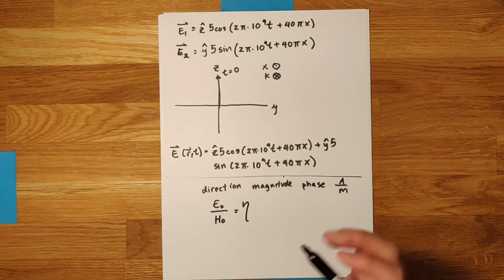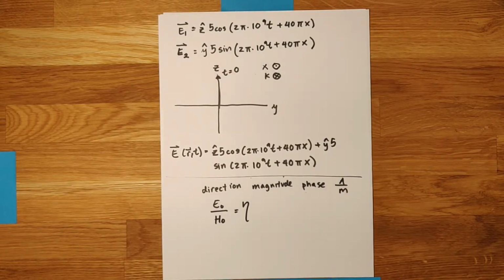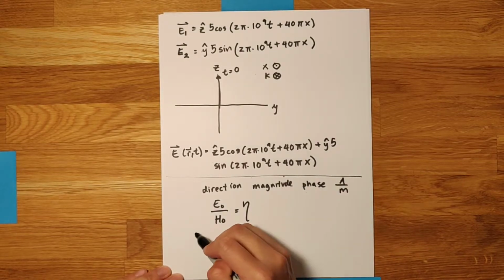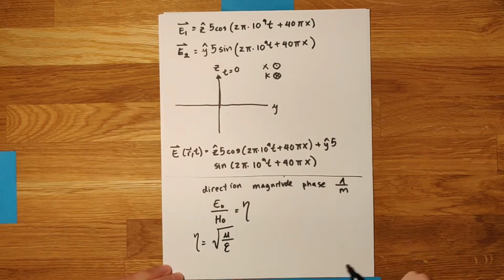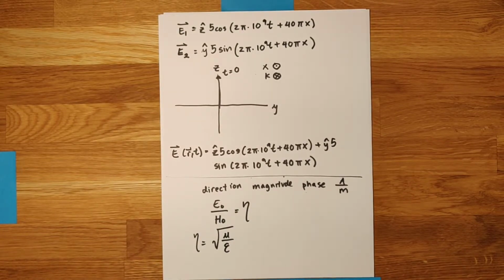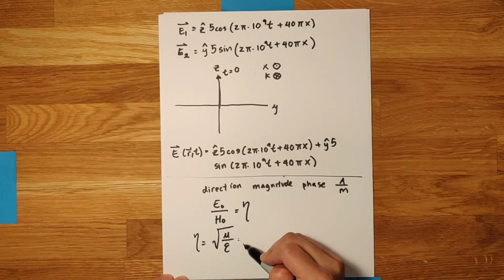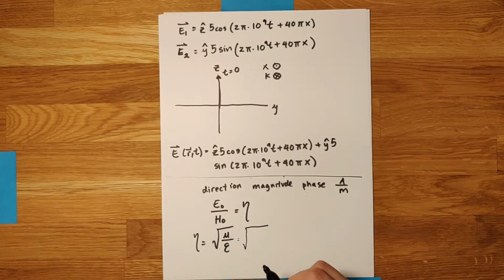The reason why we are using eta and not eta naught is because we are working with a medium which is not vacuum or air. And just remember, eta is equal to the square root of mu over epsilon, where mu is the magnetic permeability and epsilon is the electric permittivity.